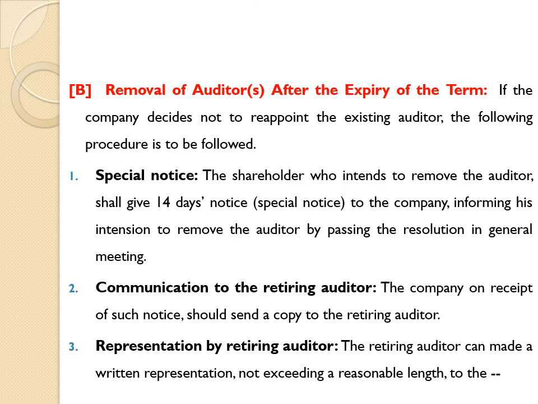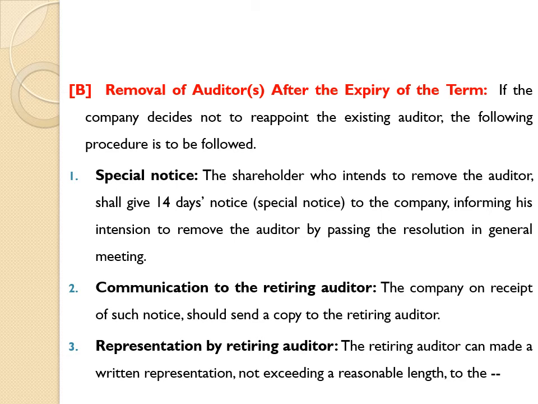If the company decides not to reappoint the existing auditor, the following procedure is to be followed. If the company has decided to reappoint an auditor, the appointment procedure is followed.